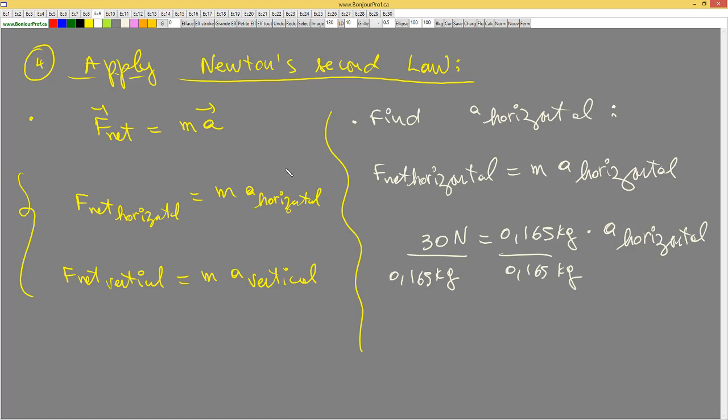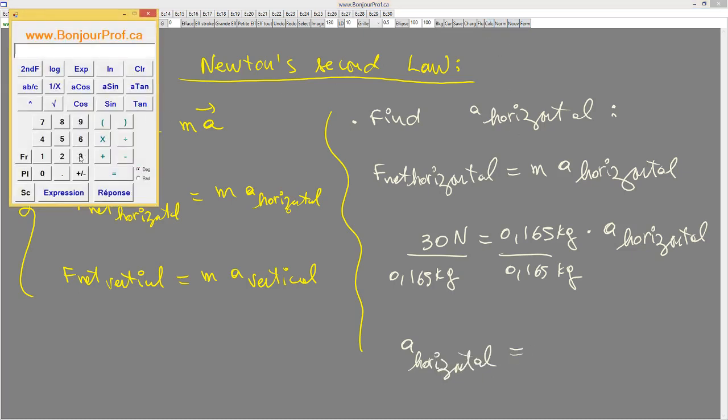And now the acceleration horizontal equals, going to make the division, 30 divided by 0.165.